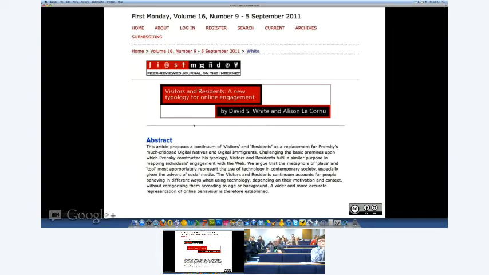The model basically says that social network users can be divided along a continuum, and that's very important. This isn't a binary division between one category and another. This is a continuum, with visitors who are instrumental. They see a network or a site as a tool, and they will visit possibly only occasionally, and they will be highly specific in what they're expecting when they go to that site.